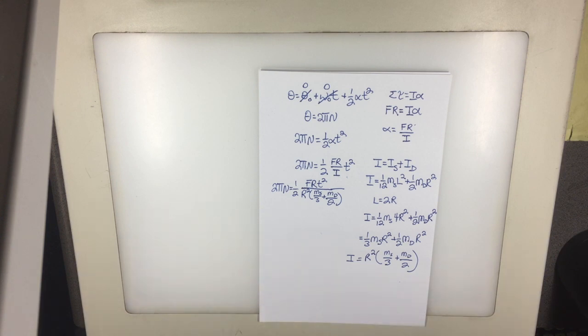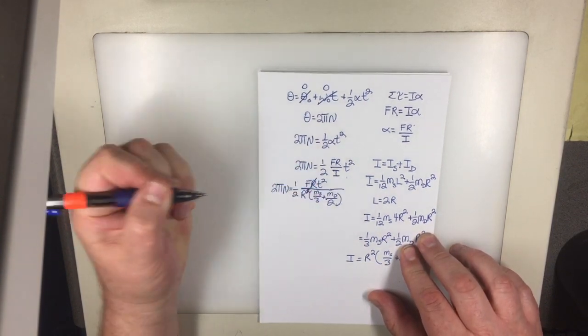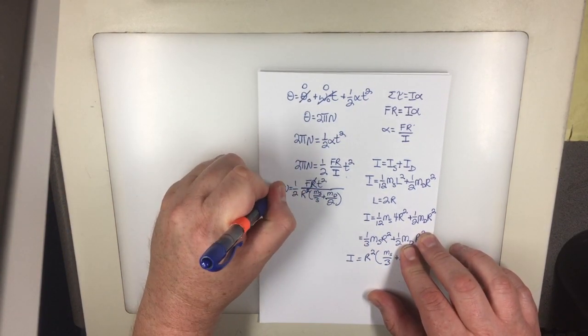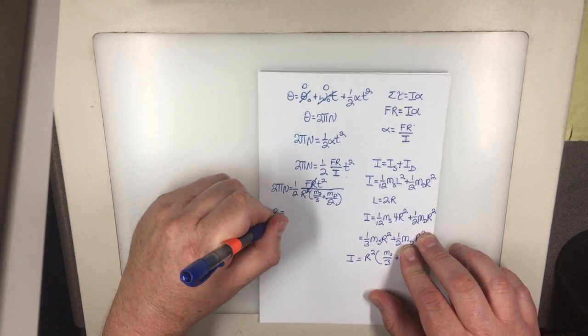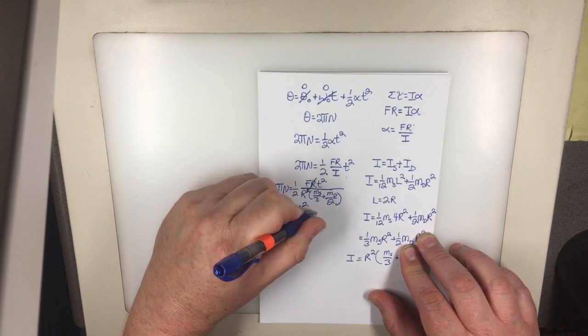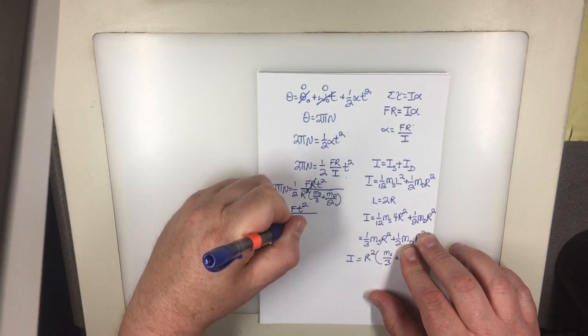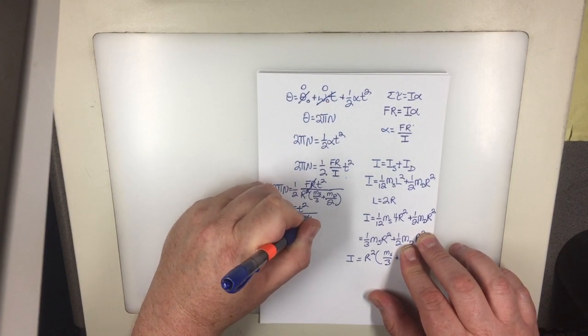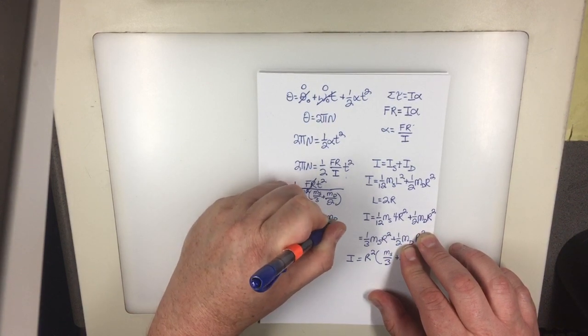I know n, F, T, m stick, and m disc. Solve for R. That R cancels with that R. I'm going to bring that R up and the 2 pi n down, and I'm left with R equals F T squared over 4 pi n times (m stick over 3 plus m disc over 2).